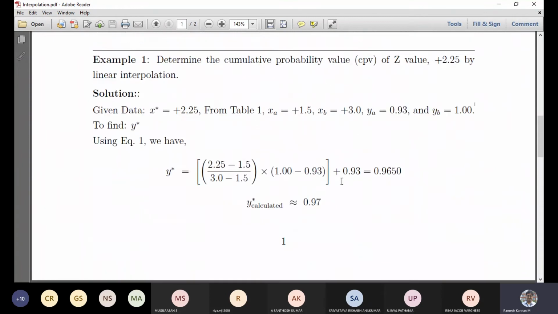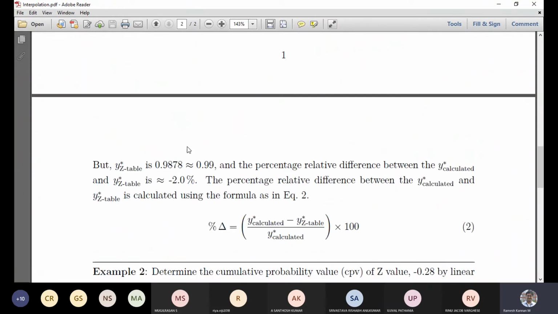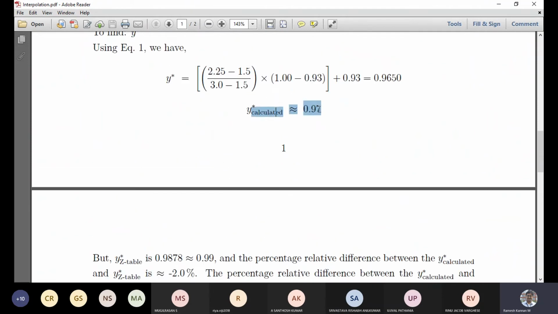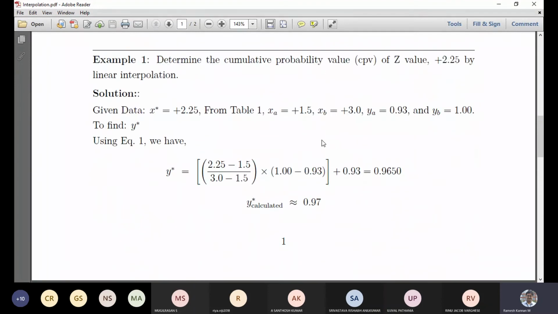But when you look up plus 2.25 in the Z table, it is around 0.9878. The difference between the value calculated using table 1 and the Z table is just about 2%, so it's very negligible. Your answer will be fairly correct.